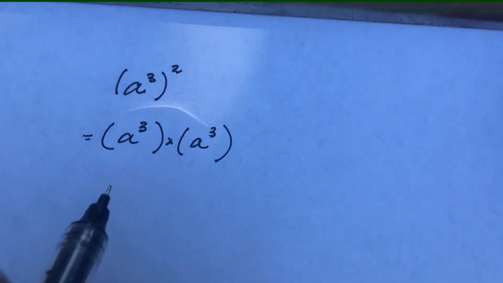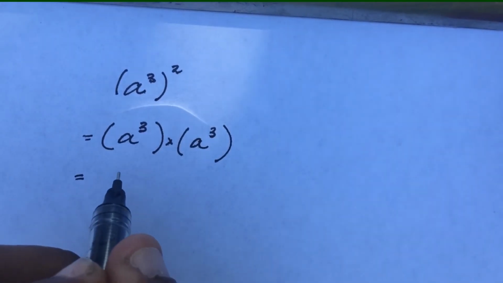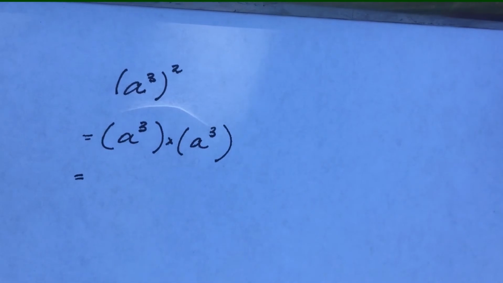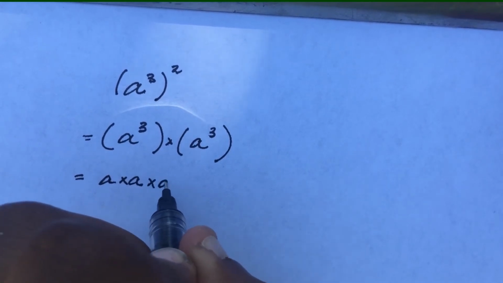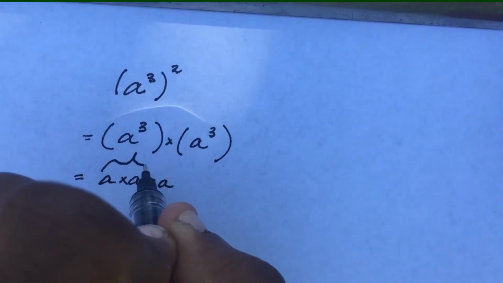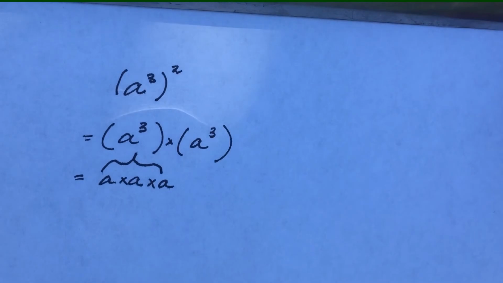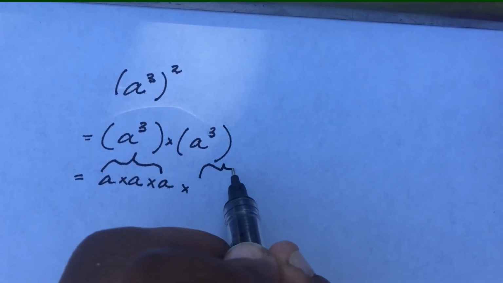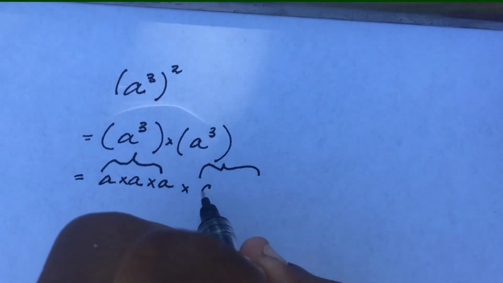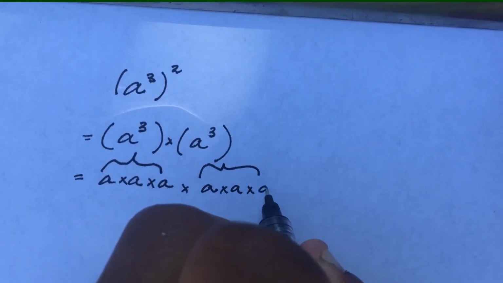So now, if I'm going to expand this out, a to the third is a being multiplied by itself 3 times. So I'm going to have a times a times a. And I'm multiplying another a 3 times. A times a times a.